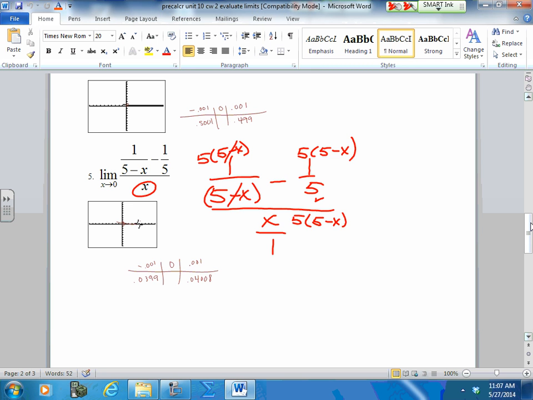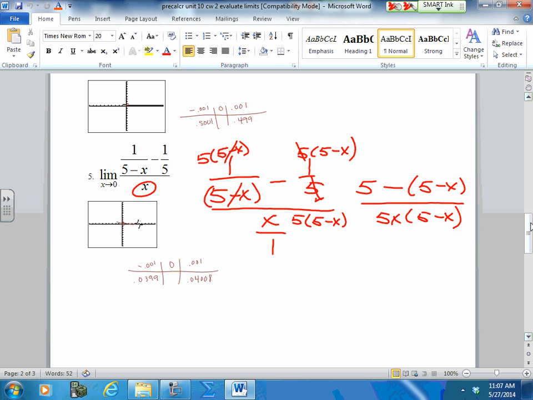What's left? 5. Minus, what can I cancel out? 5. And I'm left with parentheses, 5 minus x. Your goal is to get rid of your complex fraction. Now in the denominator, you're just multiplying. So let's multiply 5 times x times 5 minus x. Leave the denominator, don't distribute it.